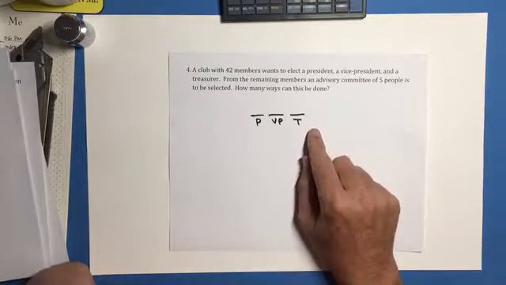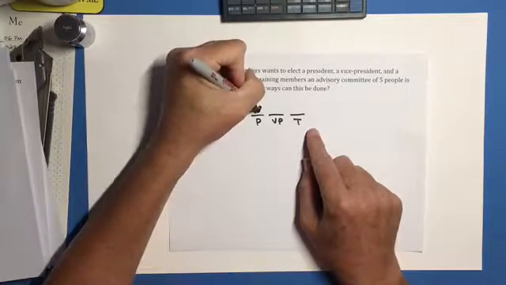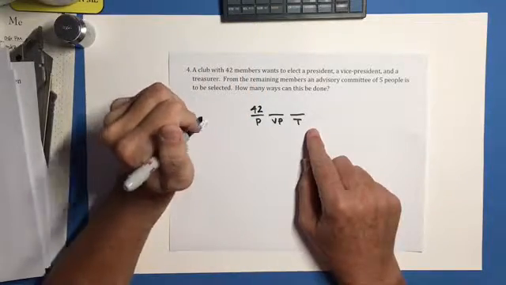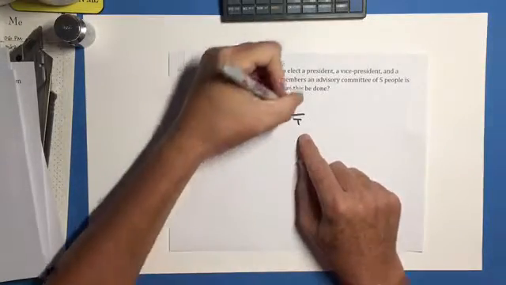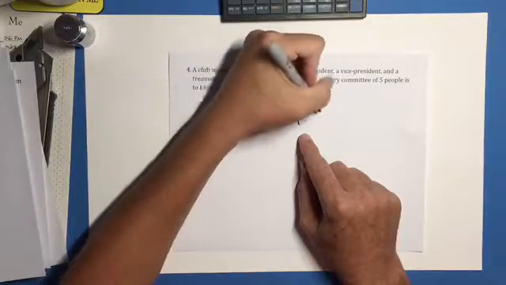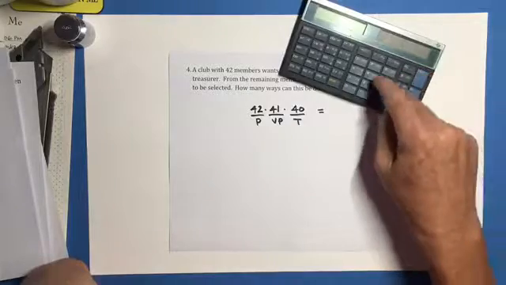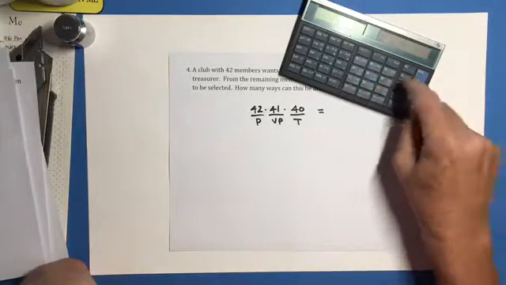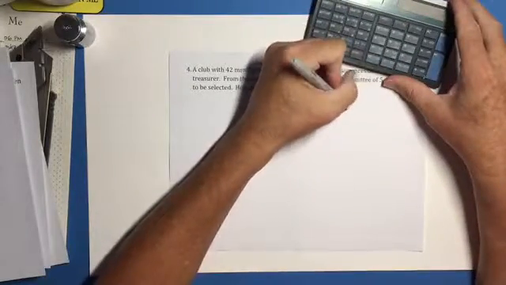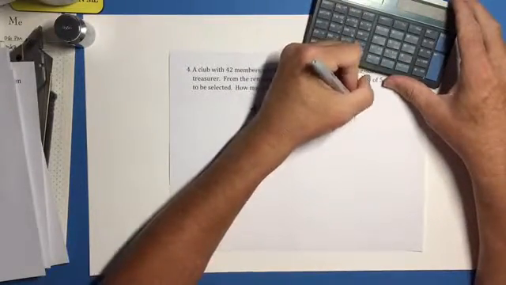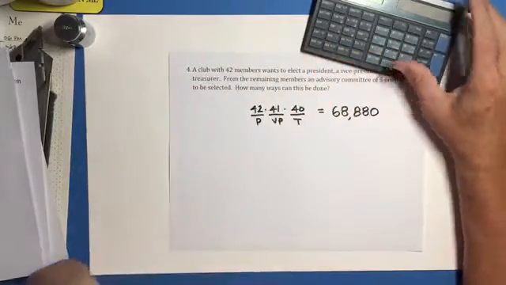And if we just look at it this way, I have 42 people to choose from. So that means my first spot, I have 42 people I can pick from. After I've chosen a president, I only have 41 people I can pick from, and then 40 people I can pick from here. So that should be 42 times 41 times 40, which equals 68,880.